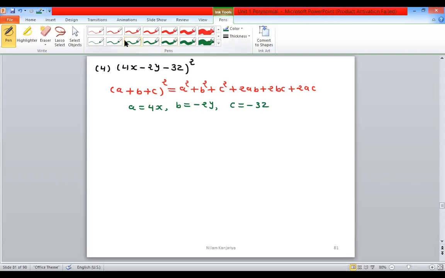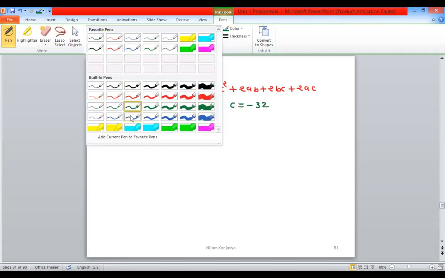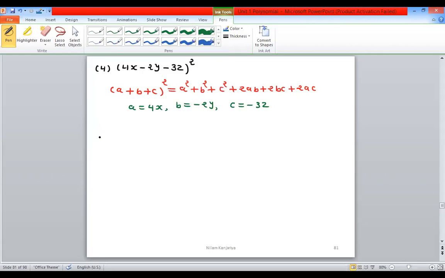Put in the given equation and what happened? Let's look. So the formula said 4x minus 2y minus 3z whole square.